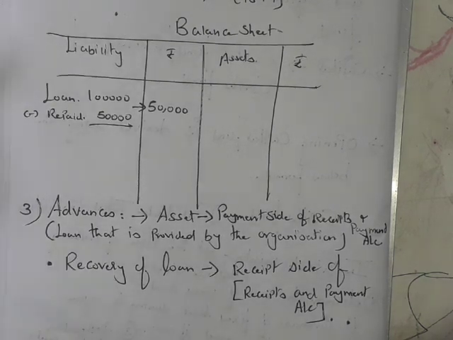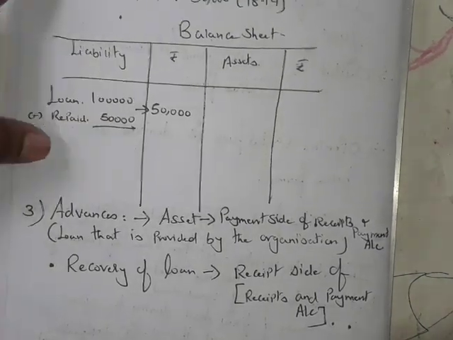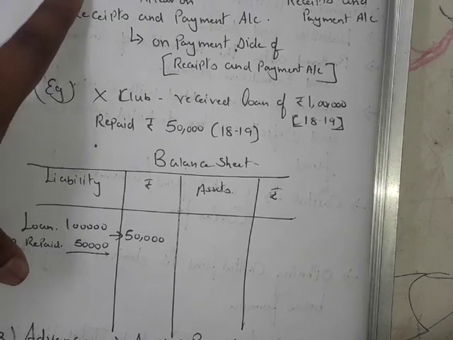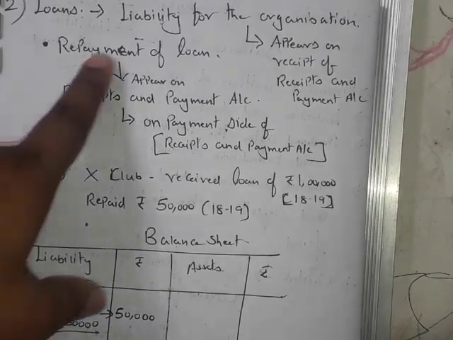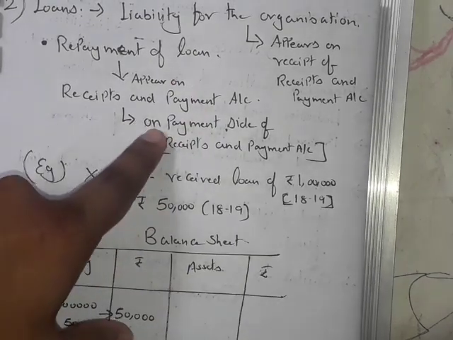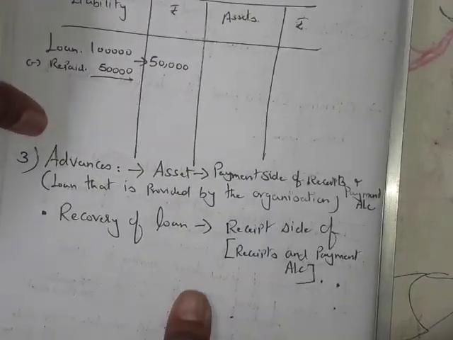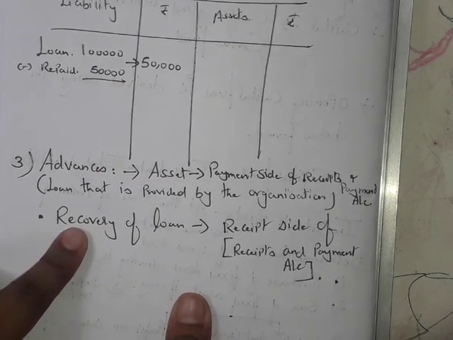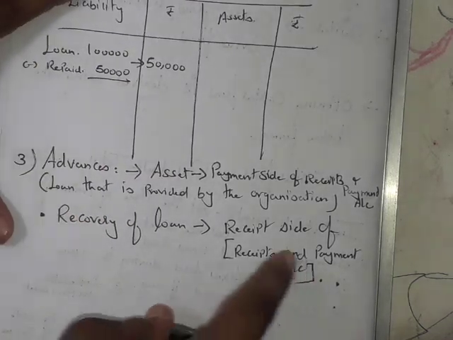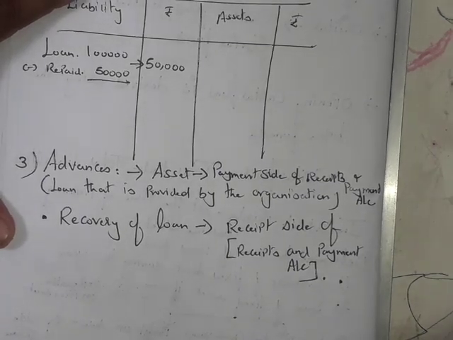That is repayment of loan, this is recovery of loan. Repayment of loan will be appearing on the payment side of the receipts and payment account, whereas the recovery of loan will be appearing on the receipt side of your receipts and payment account. Any doubts so far, students?